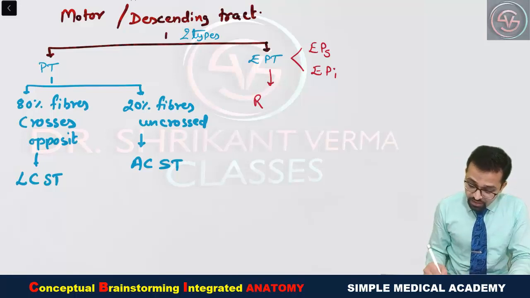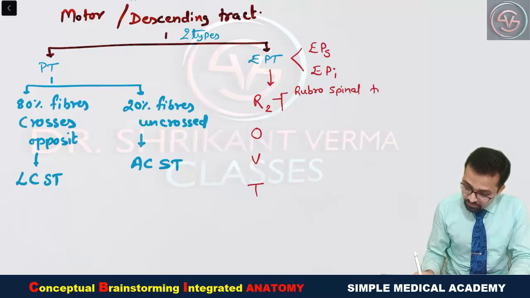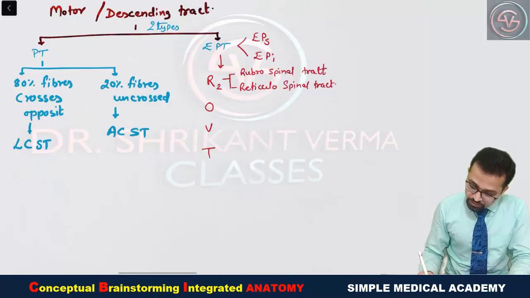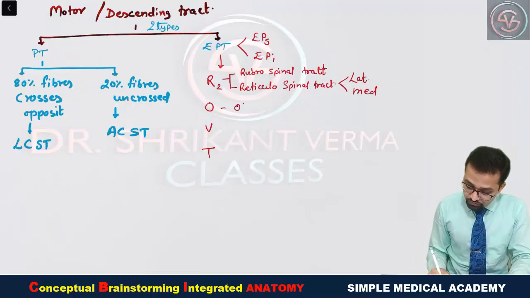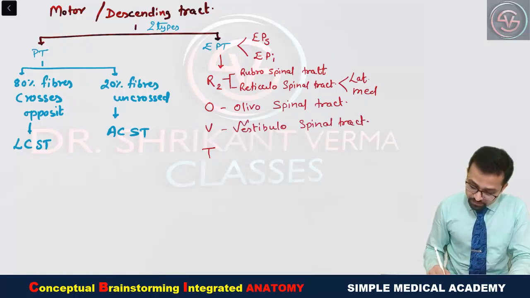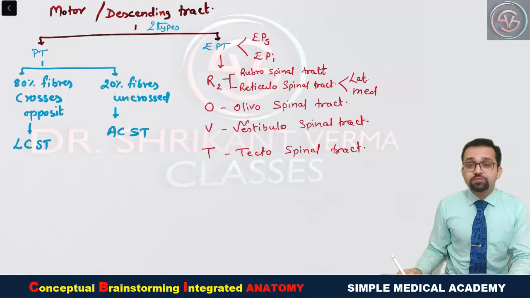We have written one trick: R two times, O, V and T. R for rubrospinal tract, R for reticulospinal tract, again divided into lateral and medial reticulospinal tract, O for olivospinal tract, V for vestibulospinal tract, T for tectospinal tract.